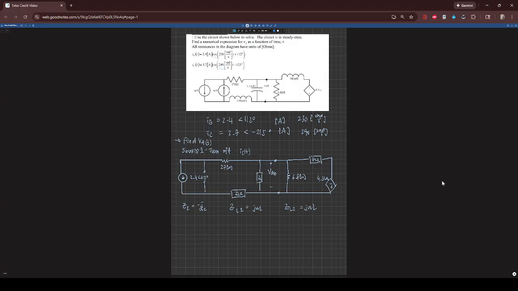And for IC it is 3.7 amps, and notice how it's a sine. So that means you either add or subtract 90, and since it's negative, you subtract 90 from that degree. So 125 subtract 90 degrees is negative 215 amps.